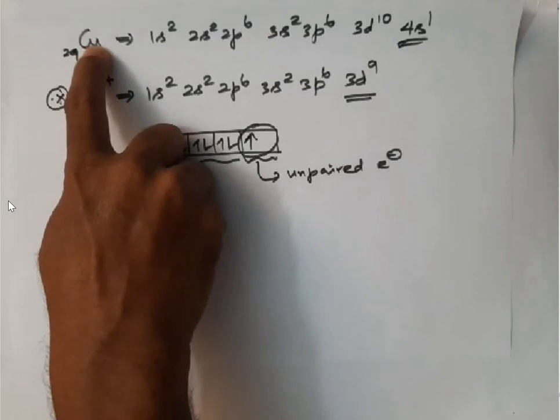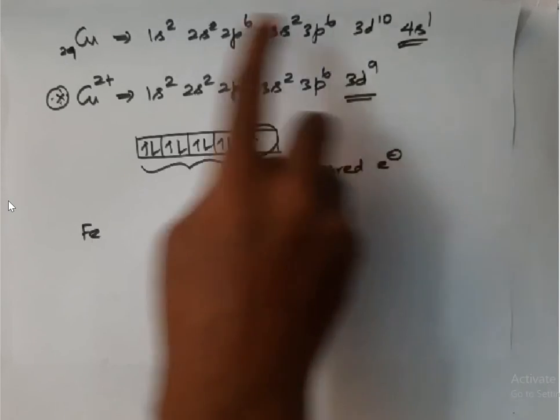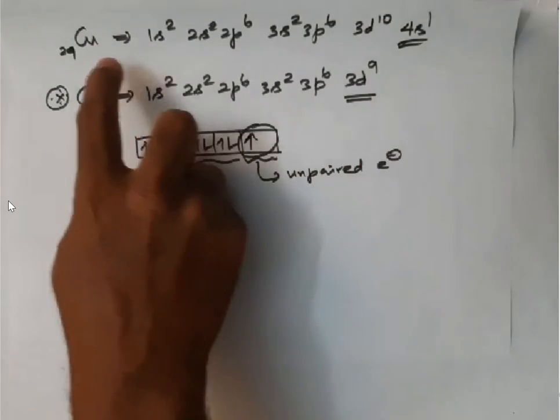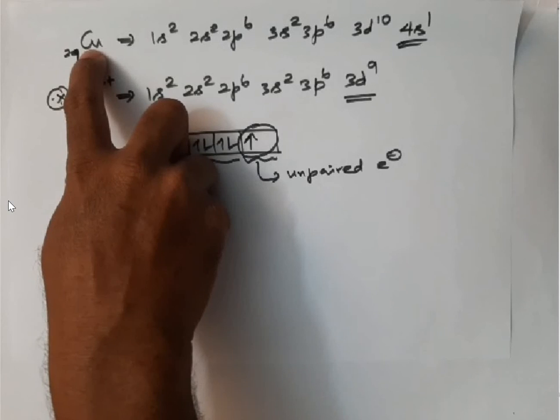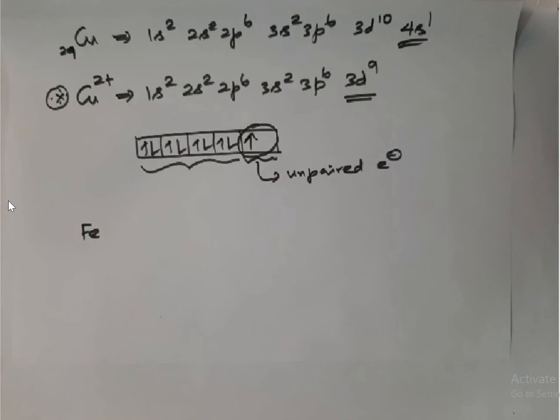For metals, though an unpaired electron is there, yes, your question is correct. Copper has one unpaired electron, no doubt in that. But since it is a neutral metal, the unpaired electron sometimes behaves in a different manner. Why and what is the reason, we will discuss.